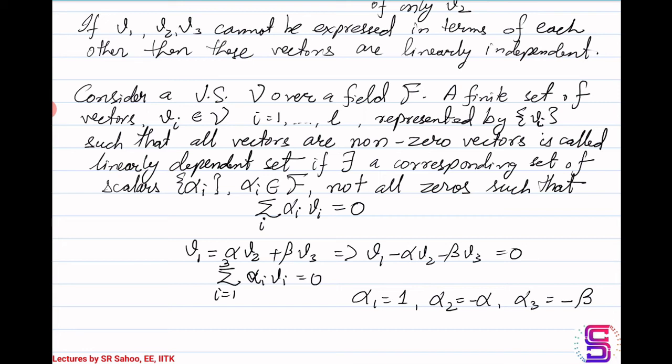Okay, so this is possibly a set of scalars where not all of them are zeros, yet the sum that we have taken as alpha 1 v1 plus alpha 2 v2 plus alpha 3 v3 turns out to be 0. Basically this statement indicates that one of the vectors can actually be expressed as a linear combination of other vectors.